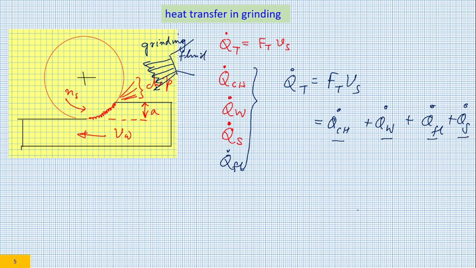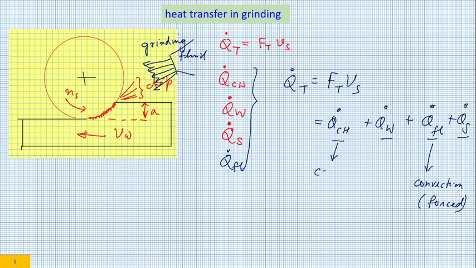Now what are the mechanisms by which this heat transfer takes place? This particular heat transfer primarily takes place by convection. It is a case of forced convection because grinding fluid is typically applied not at very high velocity, but it is applied with some amount of velocity. So it is a case of forced convection. What is this?